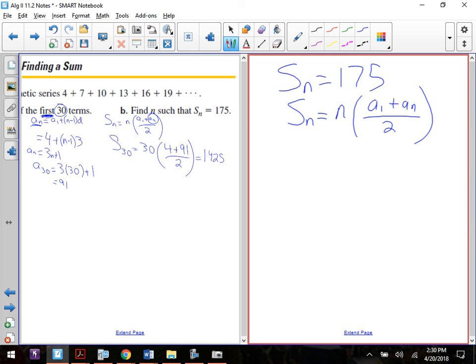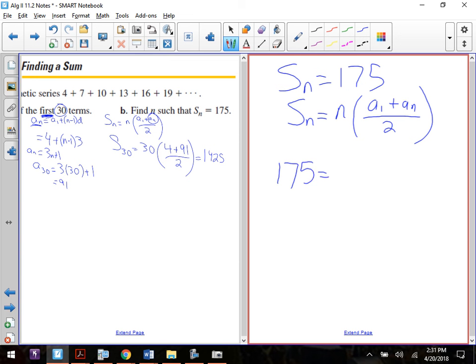Well, we know what the first term is. We know how many, we know what we want it to equal, and we also know the rule for the nth term.